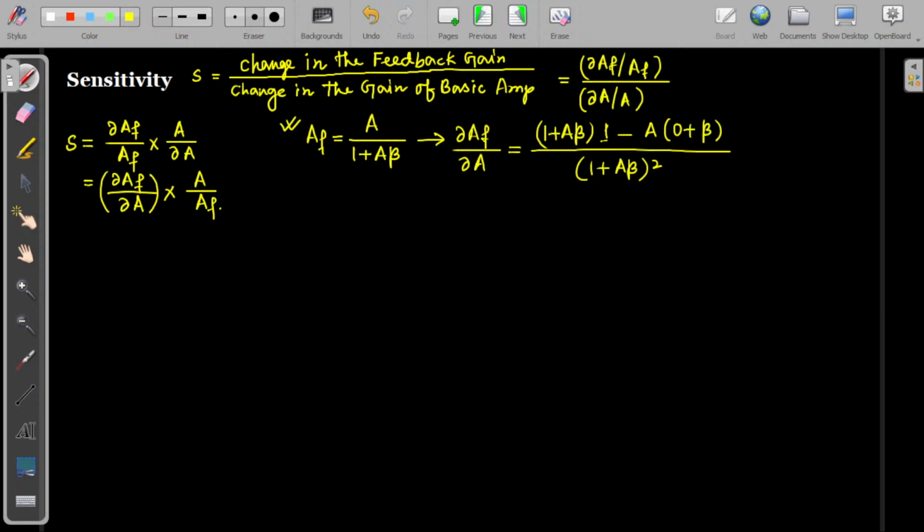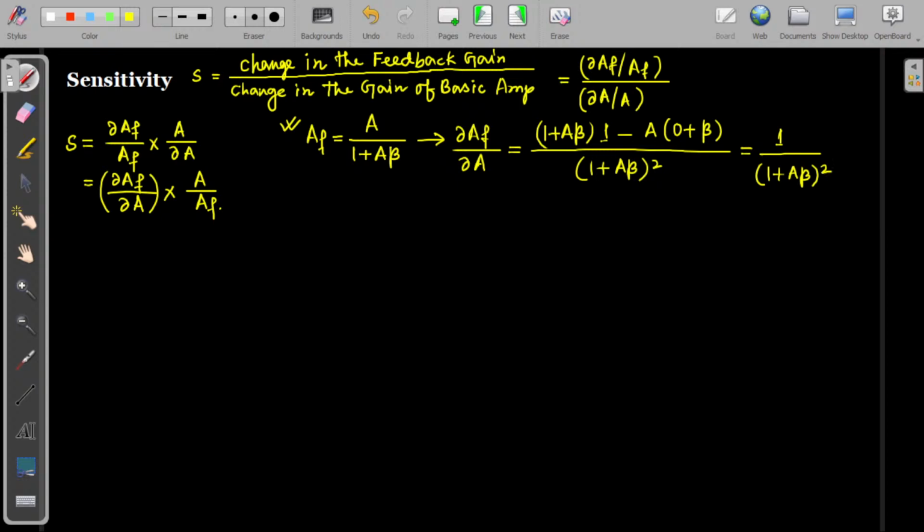We use the formula for differentiating U by V, d/dt of U by V. From this I can find the value. You can see it is A beta here and A beta here, so they cancel out, so the numerator will be 1, and in the denominator we get 1 plus A beta whole square.